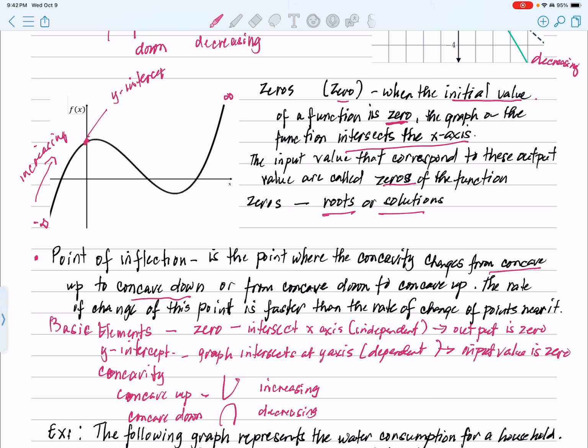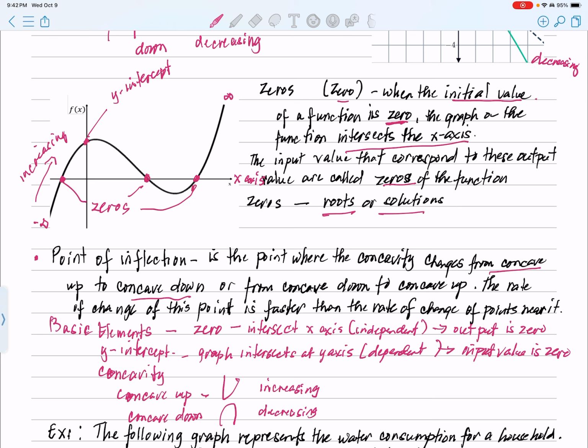So when the input is 0, there is a value of the output, and that output is what we call the y-intercept. The point where it intersects the x-axis, this is our x, this is the independent. So this point right here is what we call the zeros.